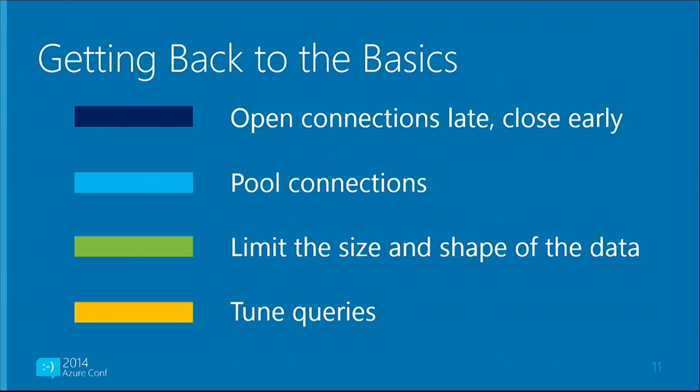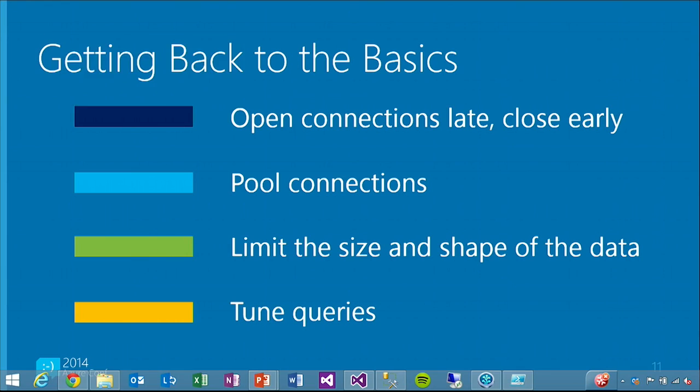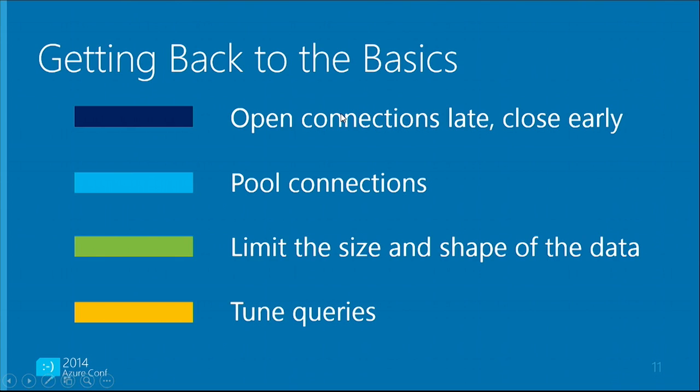And then limit the size and the shape of your data. If you don't need 1,000,000 rows, don't return 1,000,000 rows. And if you don't need all of the columns, then don't ask for all of the columns. So limit that to what you need. That will save on bandwidth and data transfer as well. And tune your queries.